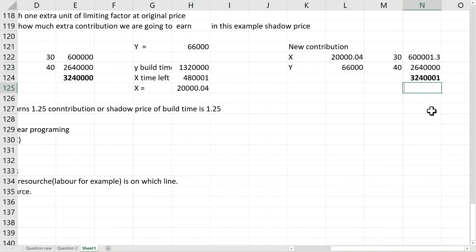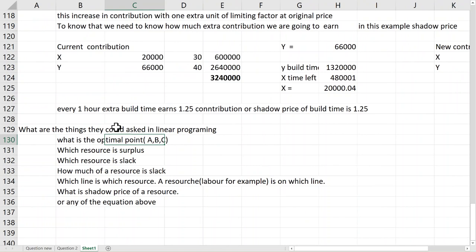If I minus this from the original one, we have about 1.25. So the shadow price of build time is 1.25, which basically means one increase in build time earns an extra 1.25 contribution.